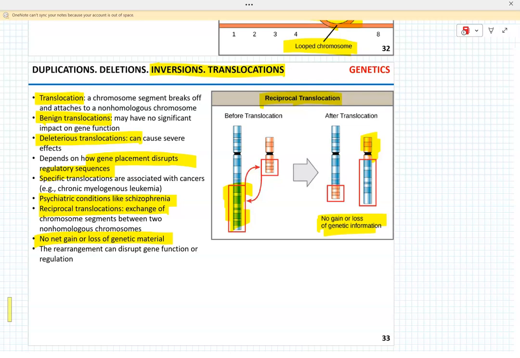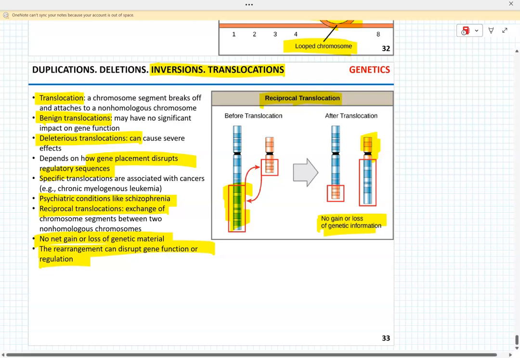All the genetic material remains, just on different chromosomes. But even such a reciprocal translocation can lead to problems, because this translocation can disrupt, as we mentioned before, the regulation of gene function. In our next lecture, we're going to talk about evolution.